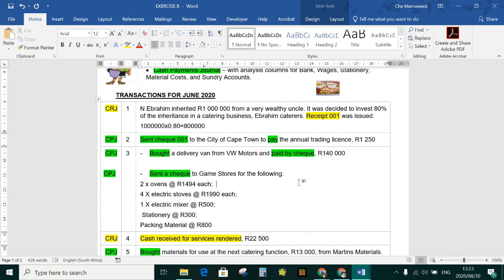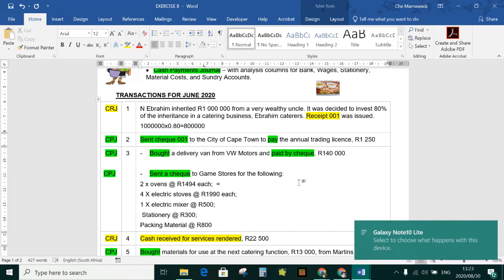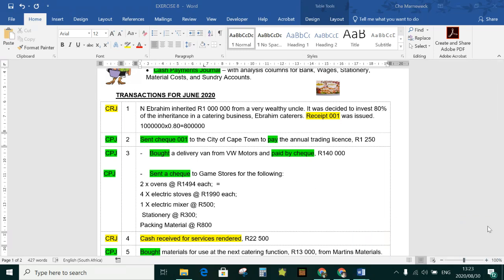So let's first work out the total amount that we owe. With your calculator, you are going to want to add up 2 ovens at 1,494 Rand each. So 2 times 1,494 gives us 2,988.